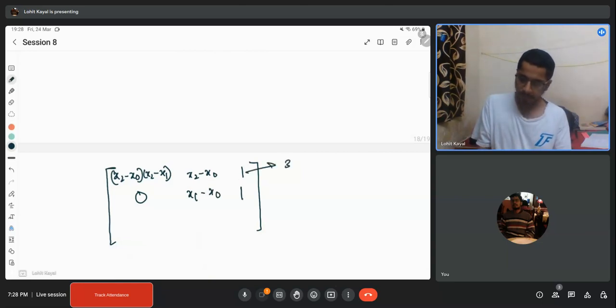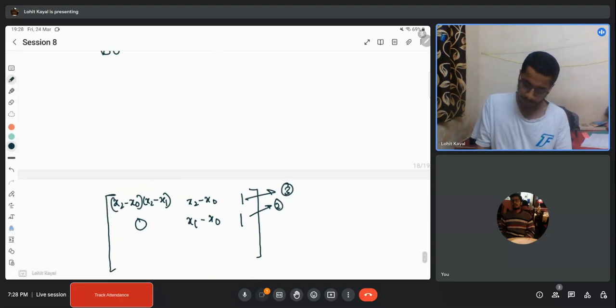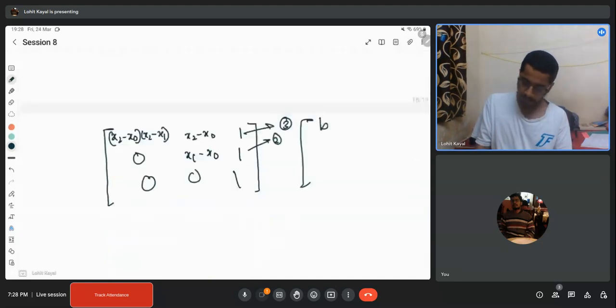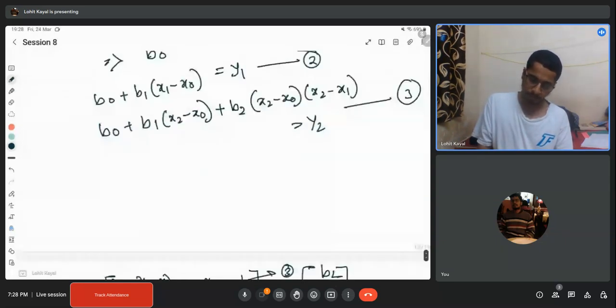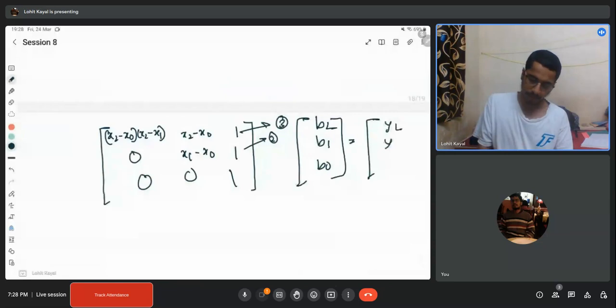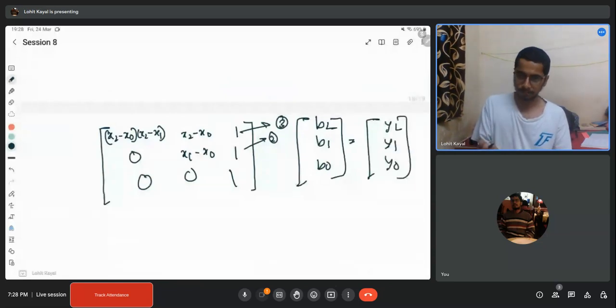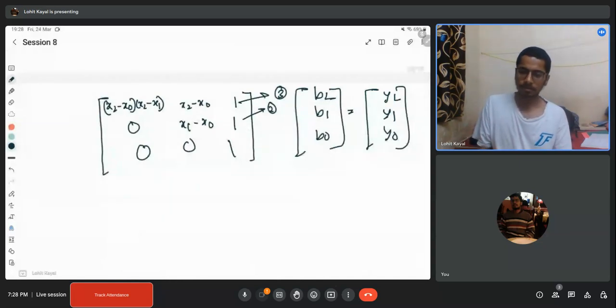This is coming from equation 3, this is coming from equation 2, and it will be just 0, 0, 1, multiplied with b2, b1, and b0. You can see, I am starting with b2 into this, b1 into this, plus b0 is equal to the right hand side y2, y1, y0. You can see that it is just like what we get after the Gauss elimination process. This is exactly the same thing, so this is just the back substitution technique we are using.